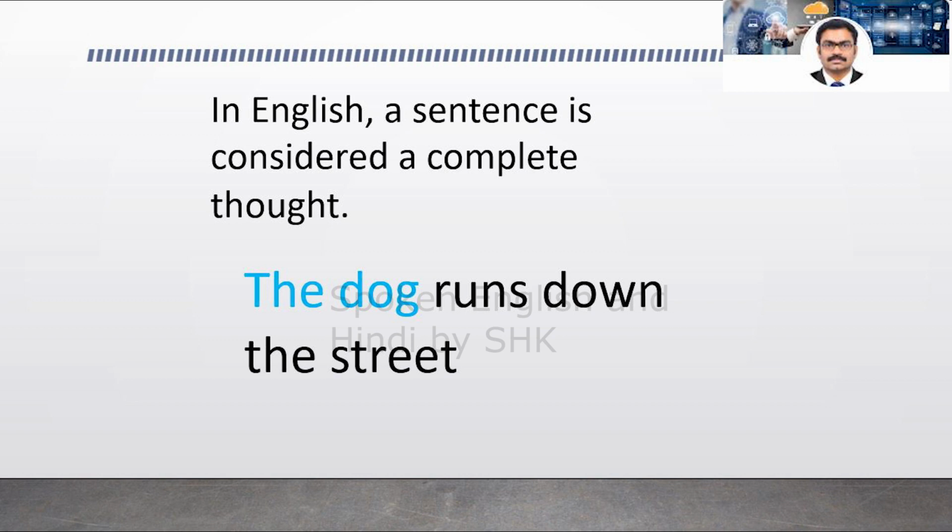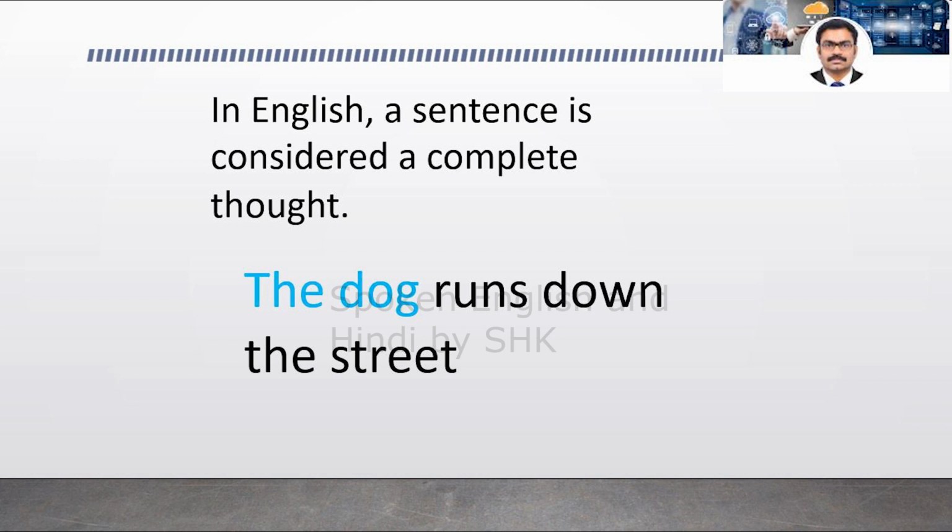Then we have the second part, which we call the predicate. The predicate is the telling part. The predicate of the sentence tells what the subject is doing. And it will normally start with a verb and contain the object, which is also a noun.